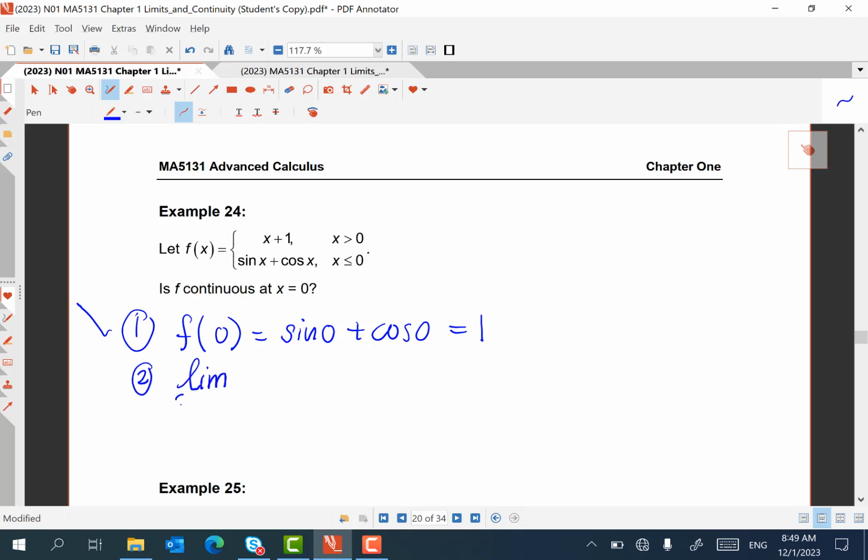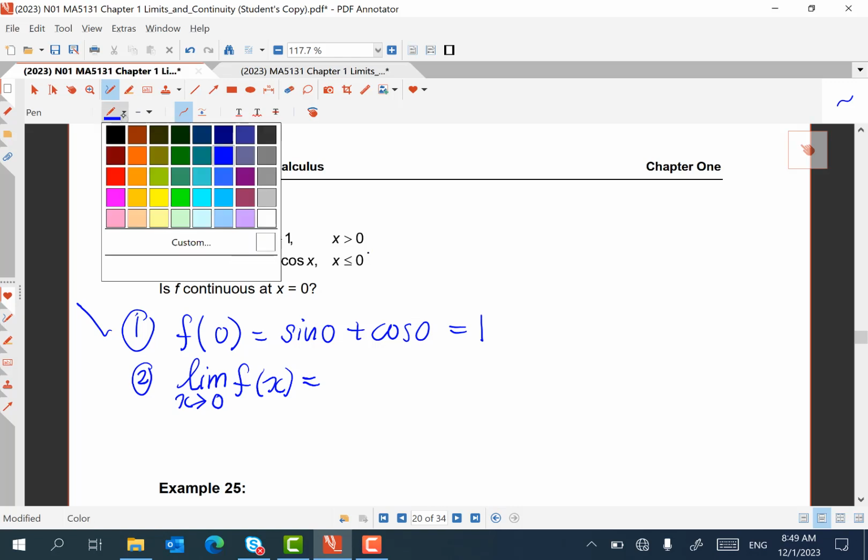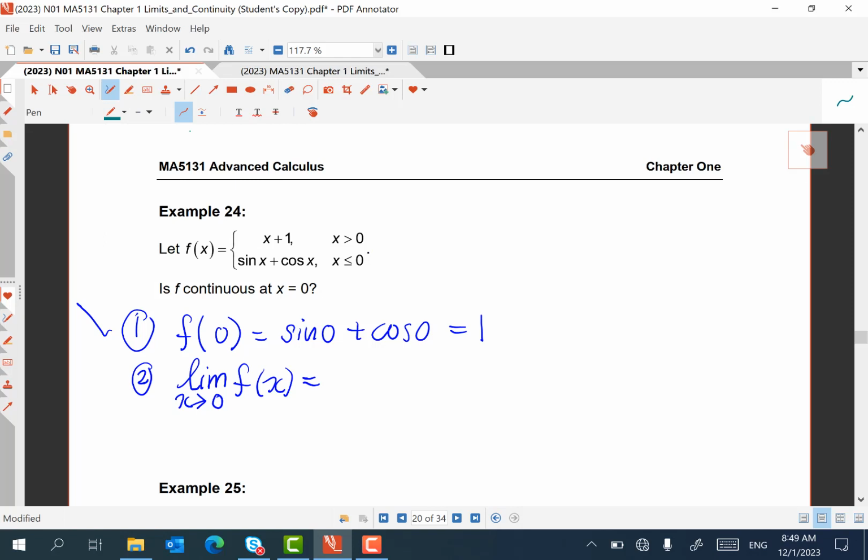In this case, because the function is defined differently over the two different sides of 0, you have to find the limit in two parts. You find the limit on the left.